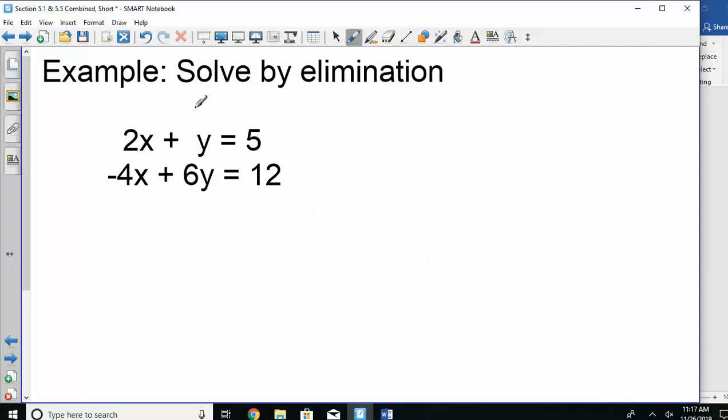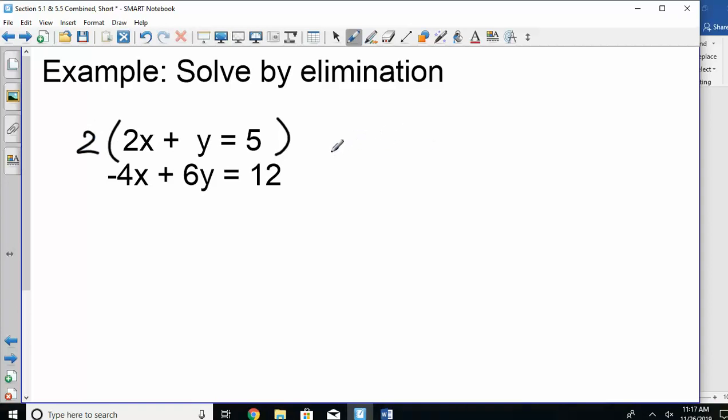X. Okay, so in order to cancel, they have to have the same but opposite coefficients. So we need to turn them both into either 2 or 4. We could do it either way. If you wanted to, more of you said 4, so we would take this one times 2.